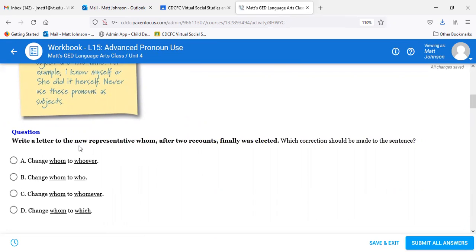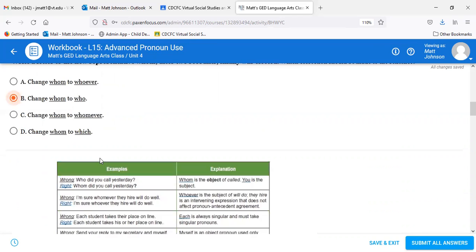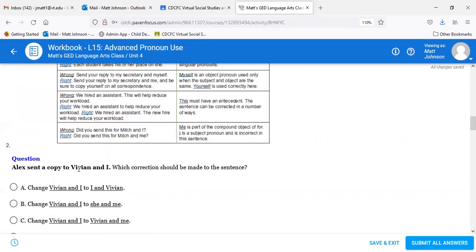That doesn't sound correct because we want a subject pronoun. I think it's B. Whom to who, right? Write a letter to the new representative who, after 2 recounts, finally was elected.